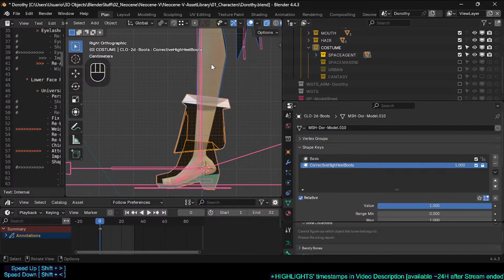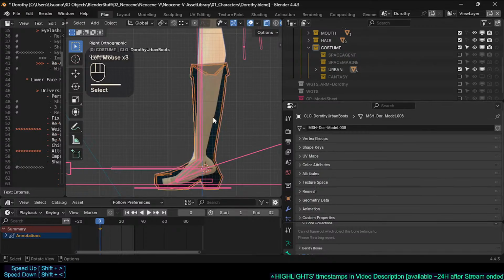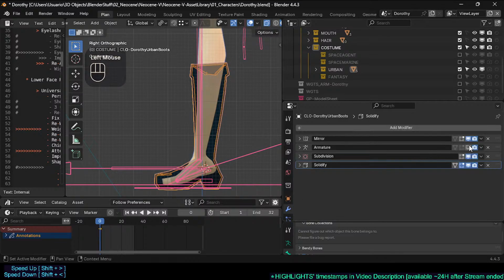Okay, so I need to ignore the part there. This method is confusing, it's always confusing for me, but it's the first time I've made this setup and it worked with the shape key. Okay, so here is where we need to, okay, without armature modifier, this is the real boots.